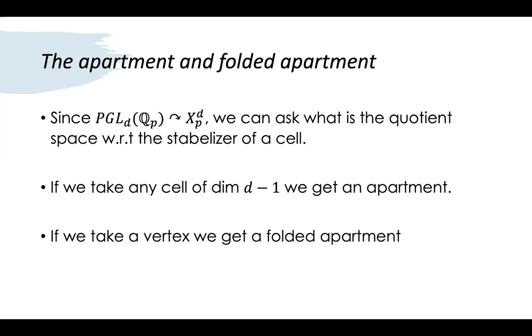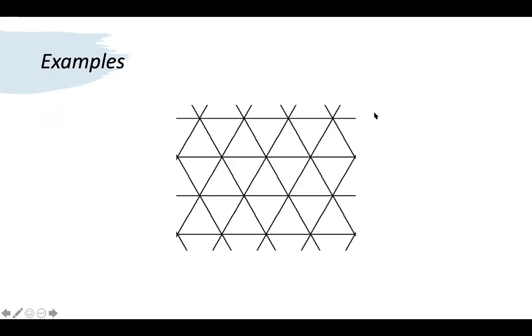What I will get is what is called an apartment. So there are many apartments. They are all homeomorphic to each other, isomorphic as simplicial complexes to each other, and so on. And if I do the same process, but with a single vertex, I will get what is called the folded apartment.